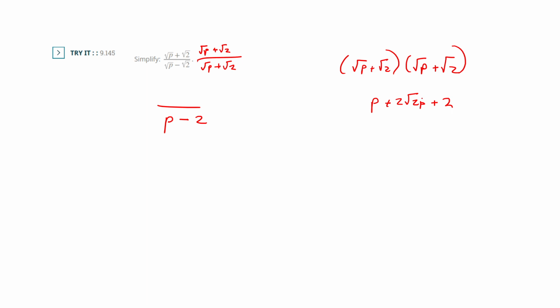Do you remember this? So I would have thought they would have wanted to do this, and then we would be done. We'd have this over top of p minus 2. But they kind of just did a shortcut, and they left it like that, because that's the same thing times itself. That's okay, I don't mind. You could do that, but just want you to see that these are the same thing.